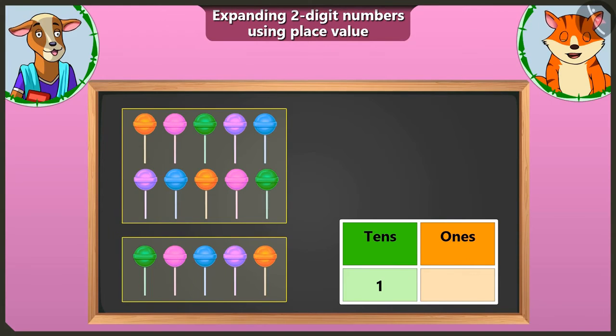Yes, you are right, Billy. We will write the remaining 5 lollipops in the box of ones. Now tell me, 1 tens and 5 ones, what is the number that we have? 1 tens and 5 ones make the number 15.